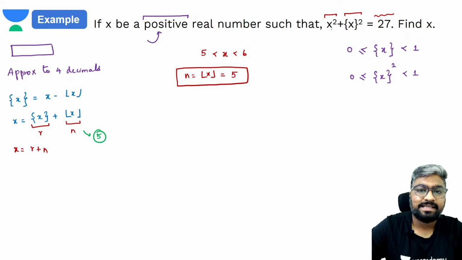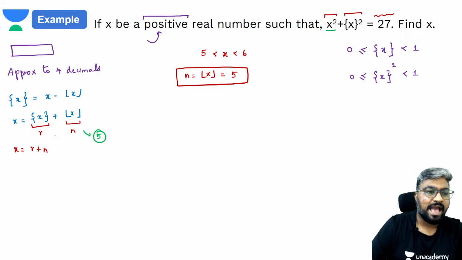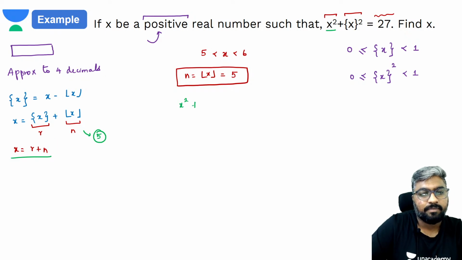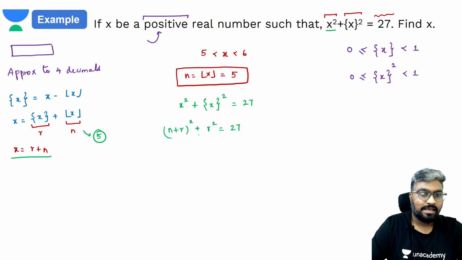So what is x? x is n plus r. So what will we do? In this equation, x square plus fractional part of x square is 27, we will put n plus r in place of x. So what do we have? n plus r the whole square plus r square is 27. n is 5, so we can write this as 5 plus r whole square.